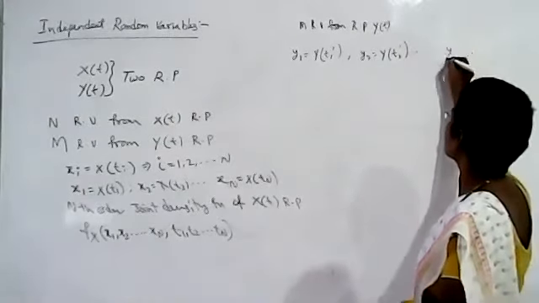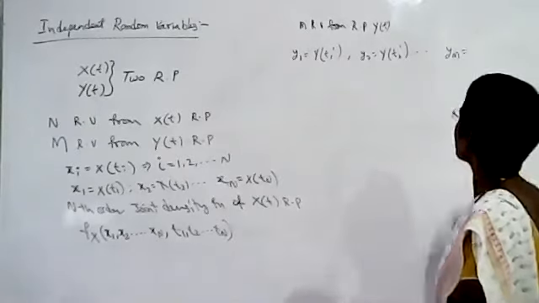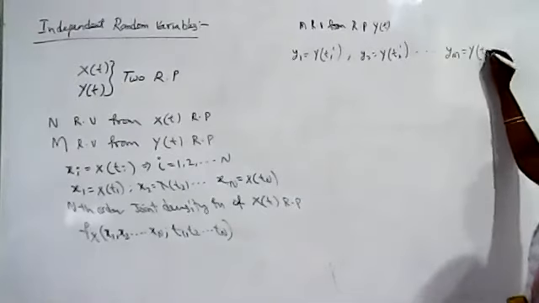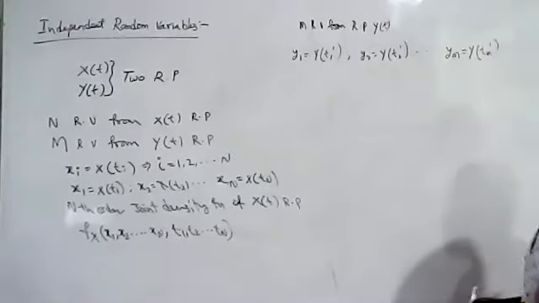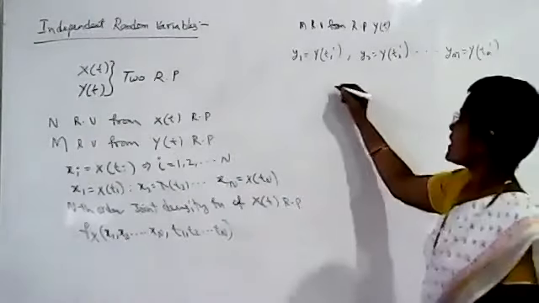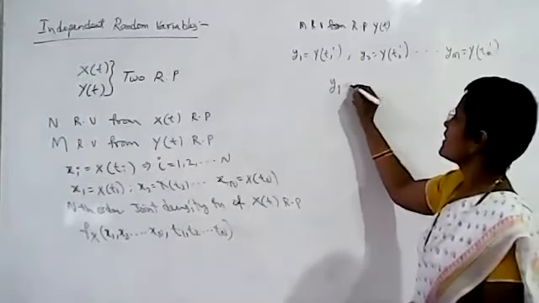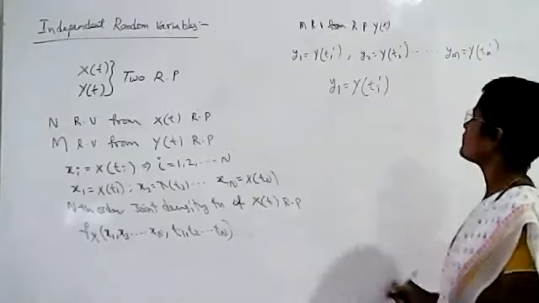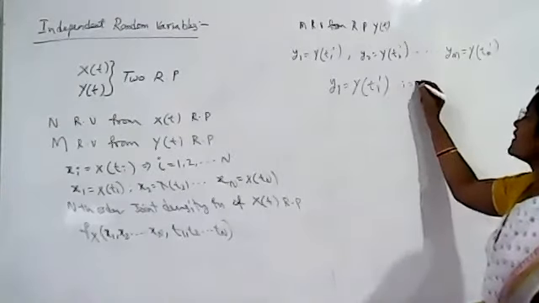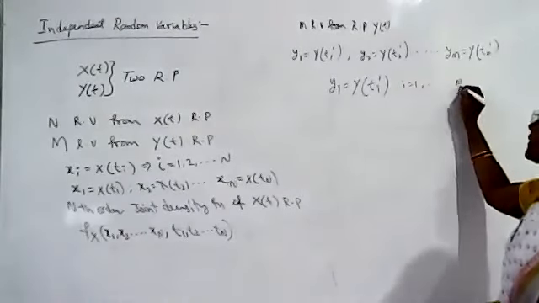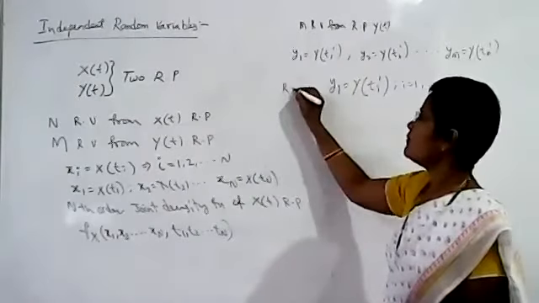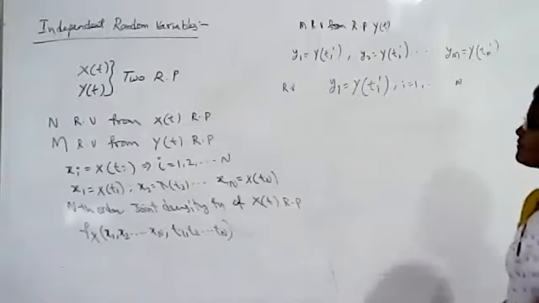How many random variables did I say? M random variables: Ym is equal to Y(tm'). So Yi is equal to Y(ti'), where i varies from 1 to m. Like that we are obtaining m random variables from the random process Y(t).